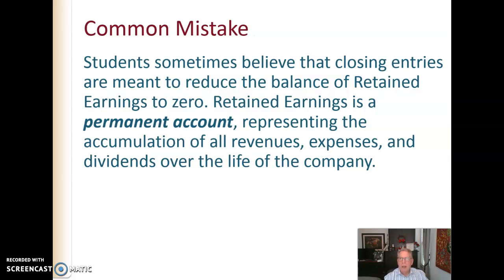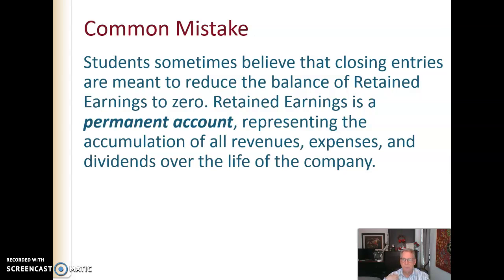Now, students sometimes believe that closing entries are meant to reduce retained earnings to zero. Ooh, not true. Retained earnings is a permanent account, not a temporary account. So that represents all the revenues, all the expenses, and all the dividends that were paid or received over the life of the company.